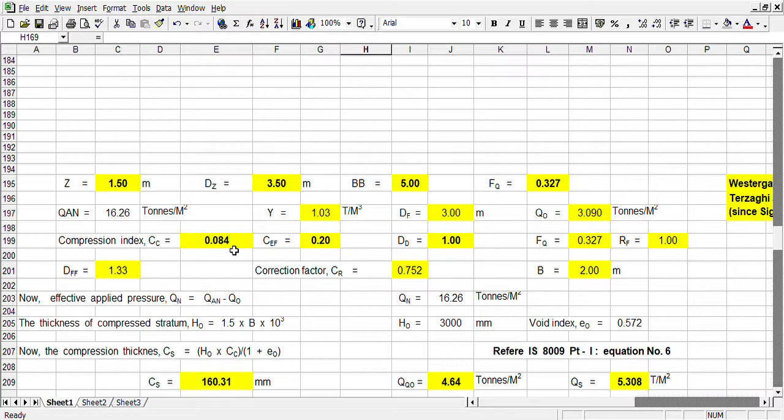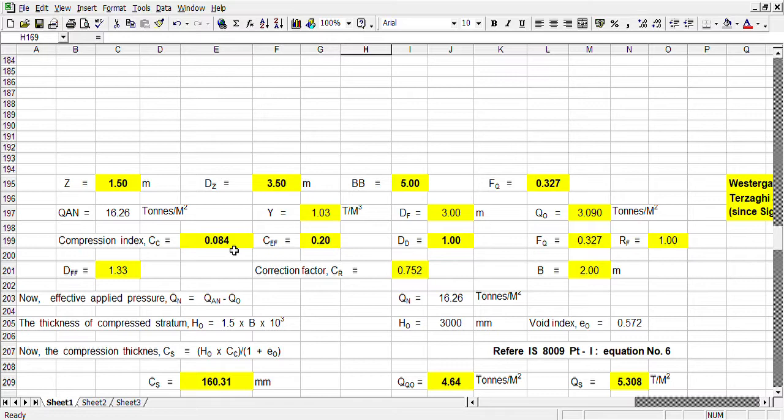The more the voids, the compression will be higher; the fewer the voids, the compression will be less. But the liquid limit will be constant. With fewer voids it remains the same, and with more voids also it remains the same.